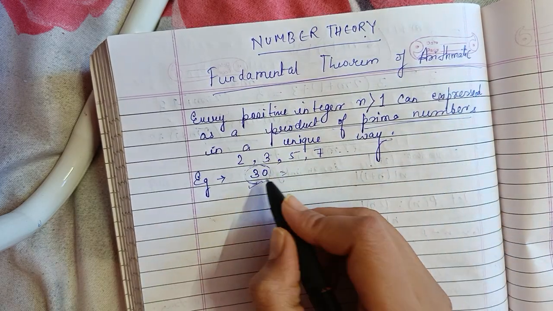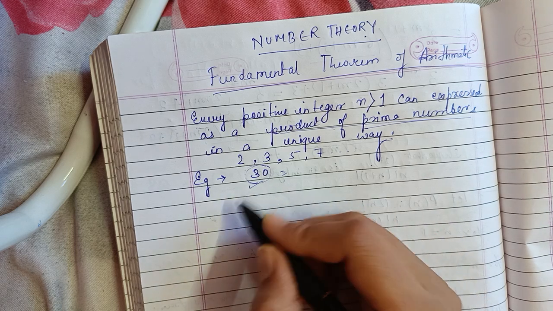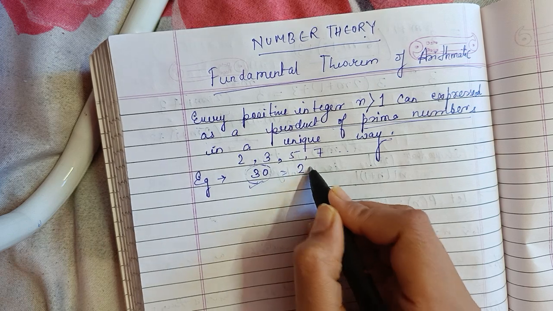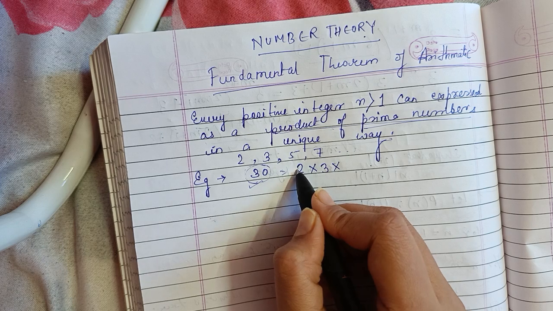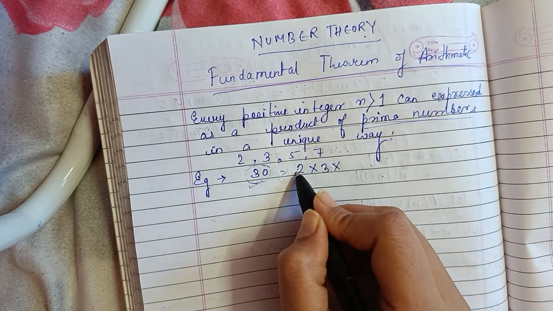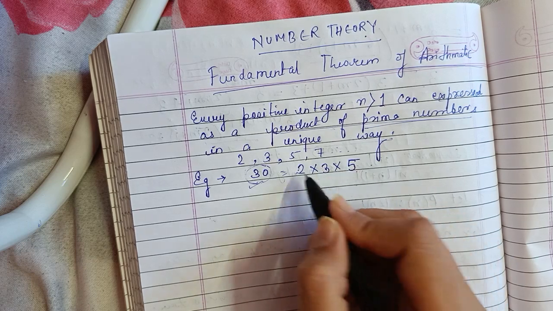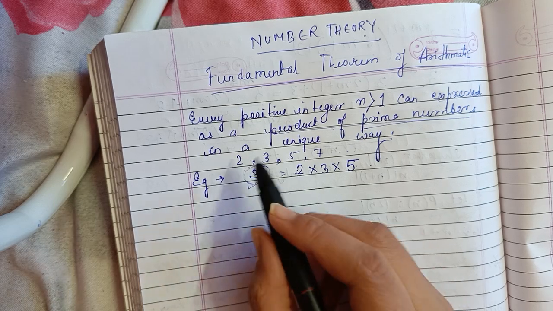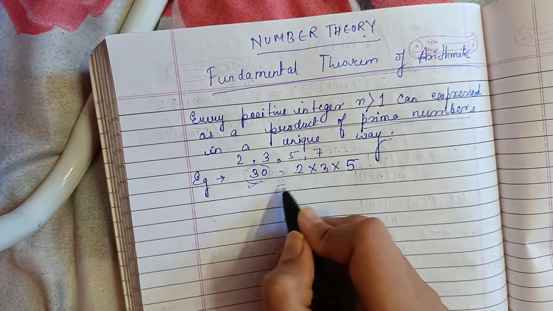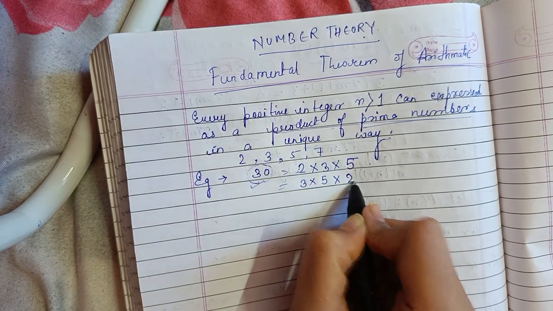How? If we see the factors of 30, we have 2 into 3 into 2 into 3, that is 6 into 5. 3 fives are 15 and 2 is 30. Someone will say, no, I'm going to start with 3, then 3 into 5 into 2.